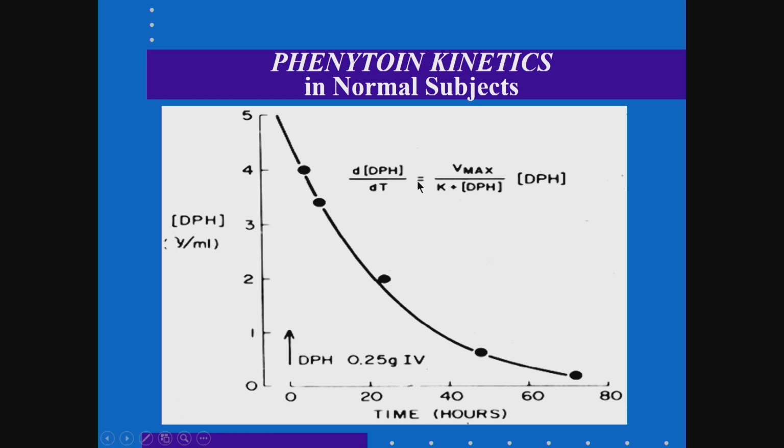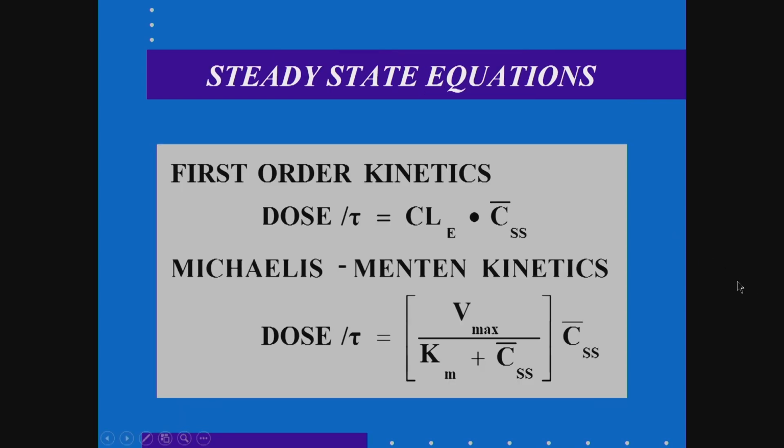This is the rate of change of phenytoin plasma concentration, which does not follow first order kinetics, but rather is determined by the Vmax, that is the maximum capacity of the metabolic pathway, the Michaelis constant, and here again the phenytoin concentration terms. So this is a deviation from first order kinetics of elimination.